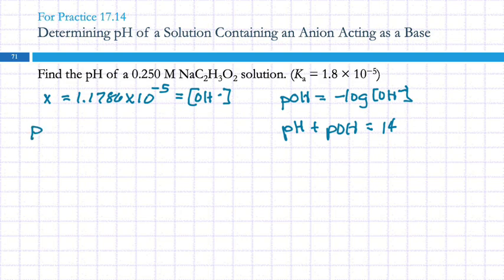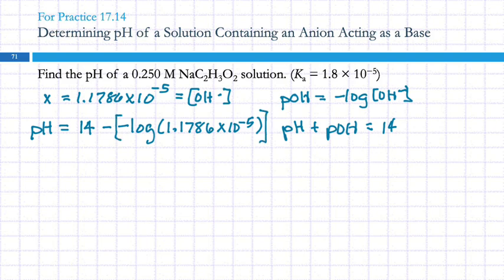So pH is going to equal 14 minus the negative log of 1.1786 times 10 to the minus 5, which is the same as 14 plus that.